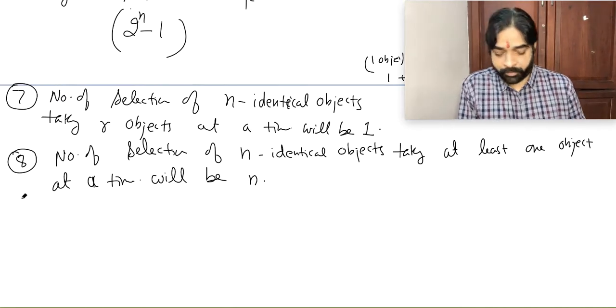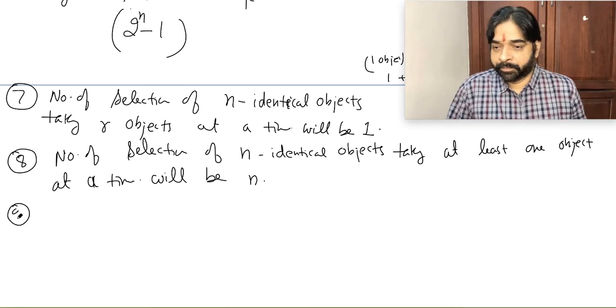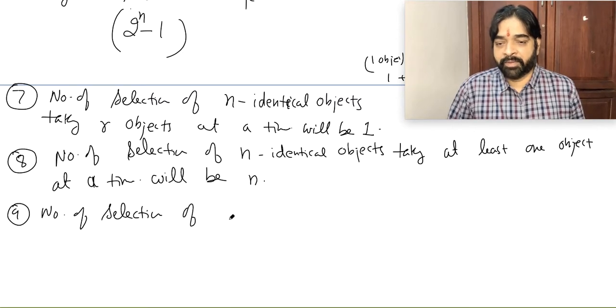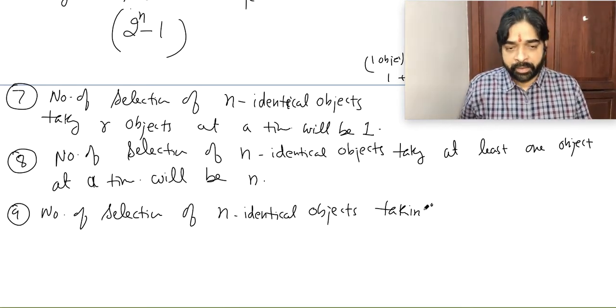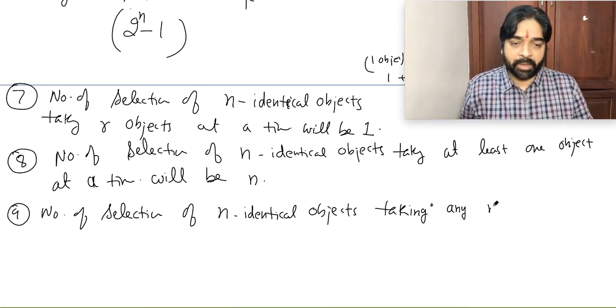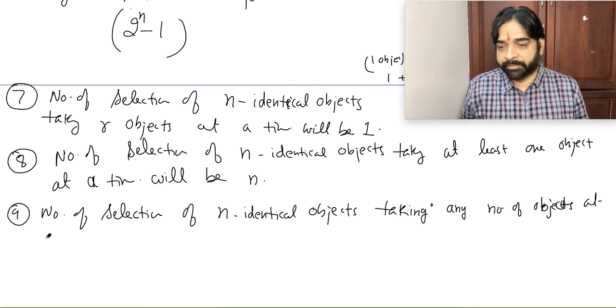Next. Number of selections of n identical objects, taking any number of objects at a time.